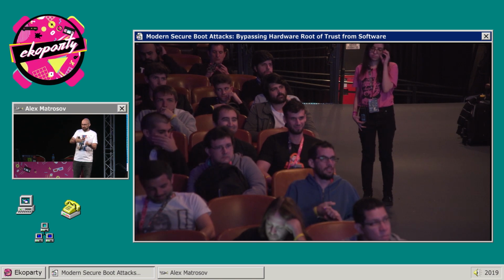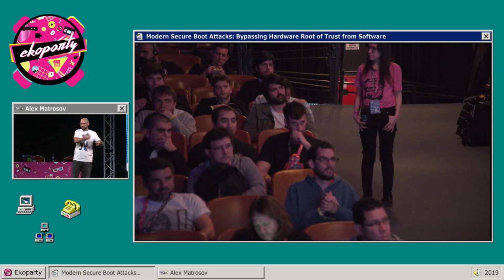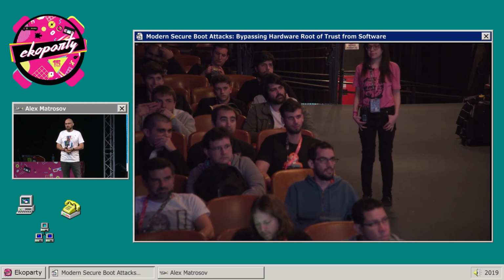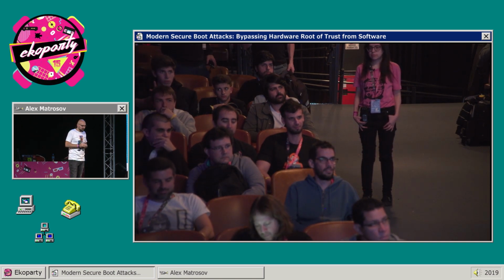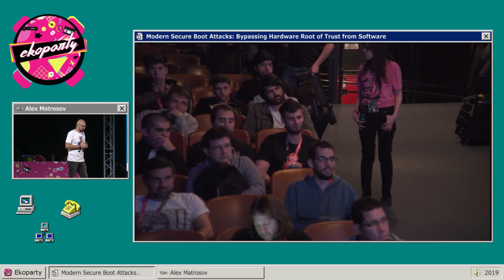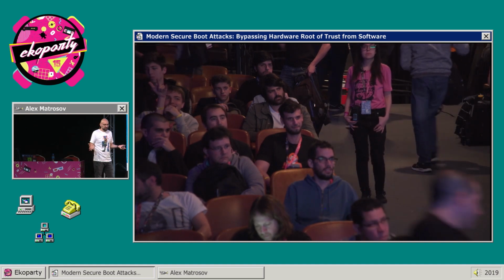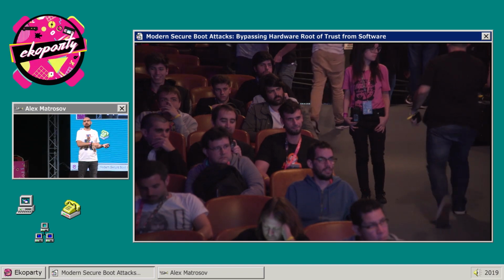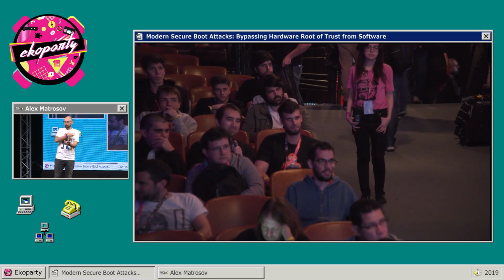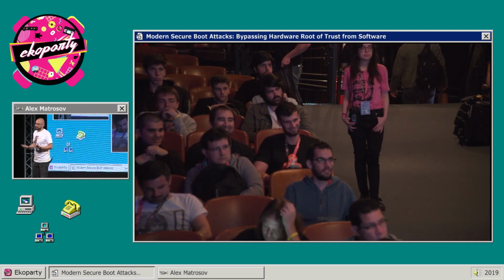Basically, if the keys or this microcode version have not been blacklisted, you will still be able to boot it. So it's kind of an open, interesting room, especially as we know there were a lot of speculative execution issues found on Intel architecture in the past two years, and a microcode downgrade can allow you to use these known issues even if they are patched in new versions of microcode.